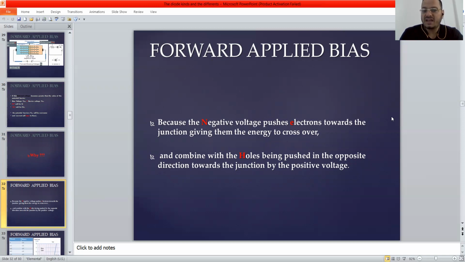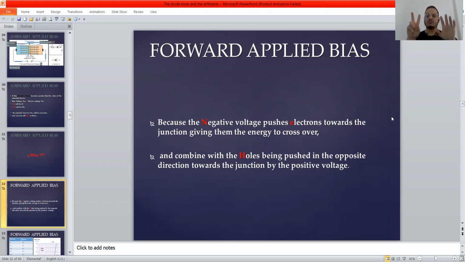That means the negative voltage will be the main coefficient to us, because it gives enough energy to electrons toward the junction to cross over, to come past, and combine with the holes being pushed in the opposite direction towards the junction by the positive voltage.